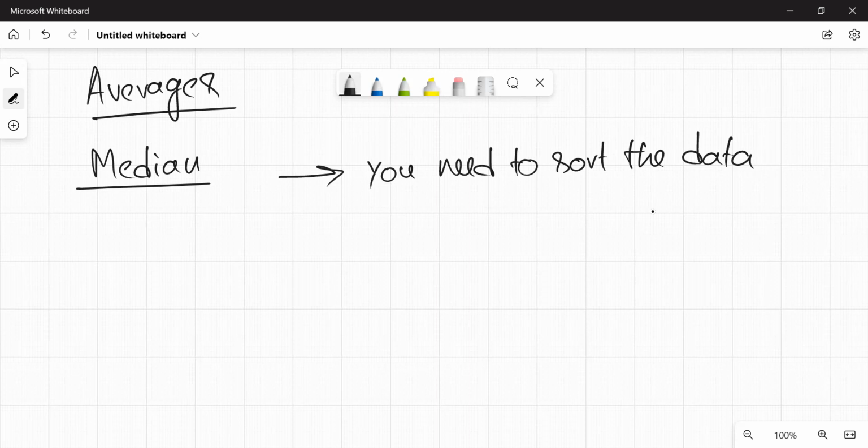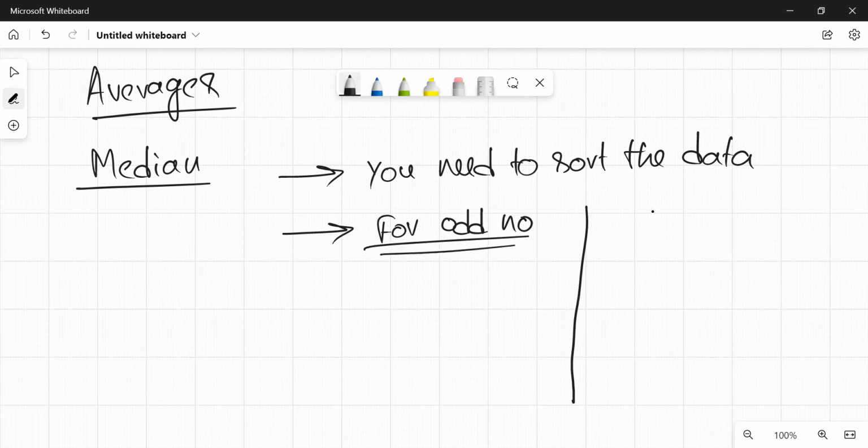After sorting, you follow another step, which is divided into two cases. The first is calculating the median for odd numbered data, and we will also calculate the median for even numbered data.